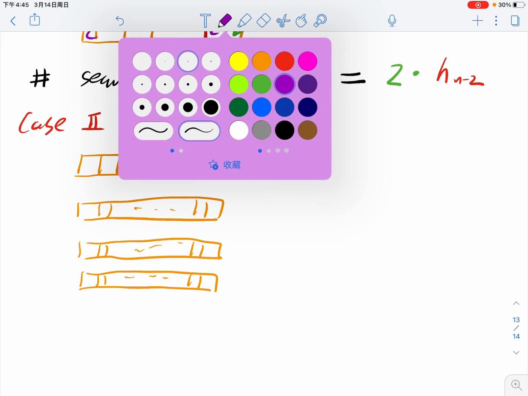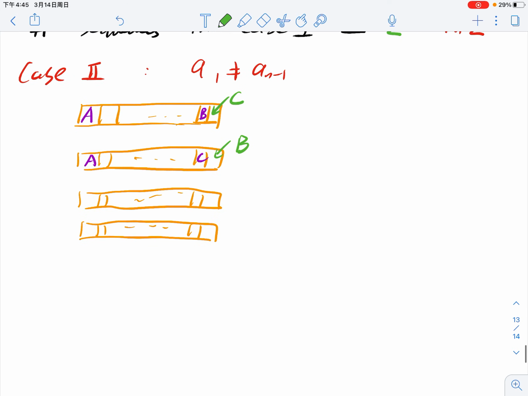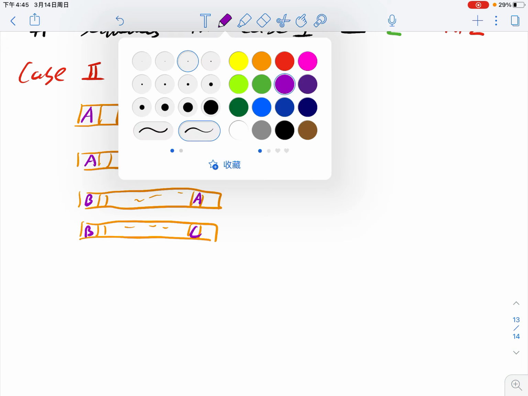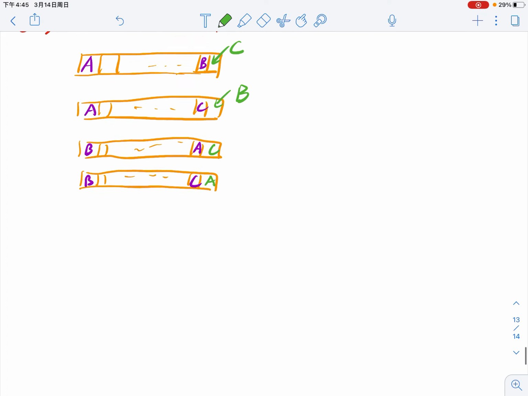If the first one is A, and since a(n-1) is different from a1, this one will be B or C. And the last one, because it's different from B, different from A, you can only put it in C and then put it in B. Similarly here, if you have B, a(n-1) can only be A or C. No matter what you choose, the last position is fixed. And of course you have 2 more.